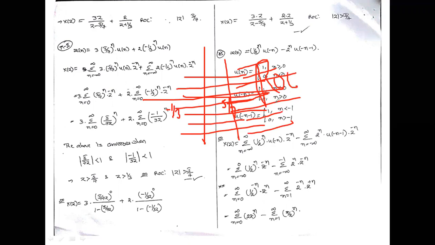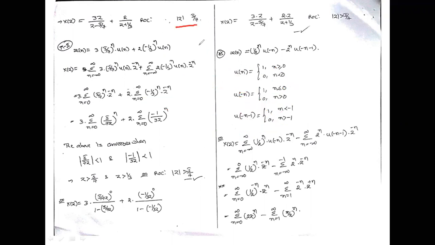So overlapping occurs in only the greater value, the 5 by 7. Consider 5 by 7 as the ROC. So whichever the value is greater. And another method is also there by using the summation 0 to infinity and 0 to infinity, and simplify. And the ROC is z is greater than 5 by 7.